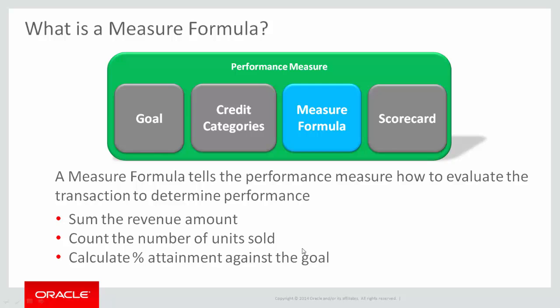Maybe I want to sum the number of calories or sum the energy or something like that. Or maybe I want to take the total number of pieces of candy divided by a quota I had for you to have candy. So this is where you can do some levels of calculations at the measure level. You can do those as well when we get to the plan component and talk more about the incentive formula. But there are calculation capabilities within the measure formula as well.